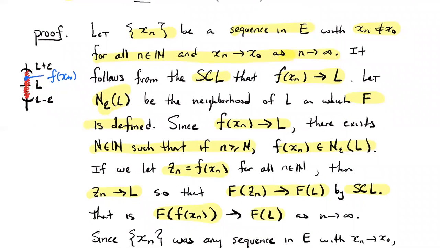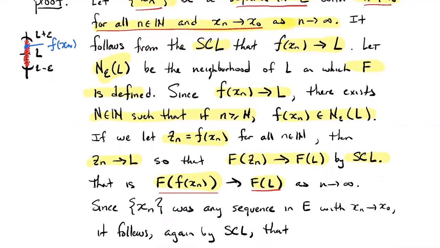So now to wrap it all up, xn was any sequence in E, none of whose terms are x naught, that converges to x naught. Capital F of little f of xn converges to F of L. So that precisely means that the limit as x goes to x naught of capital F of little f of x is capital F of L, not by definition, but by the sequential limit criteria.